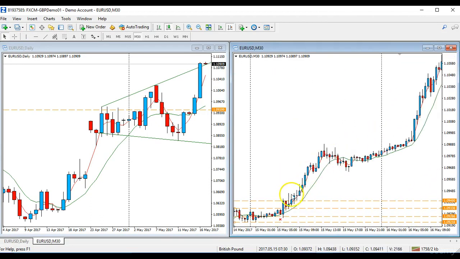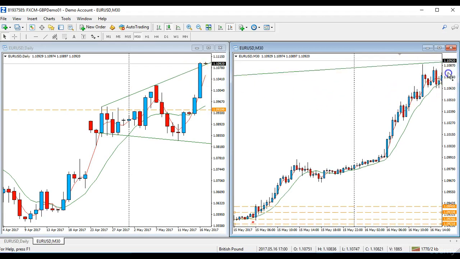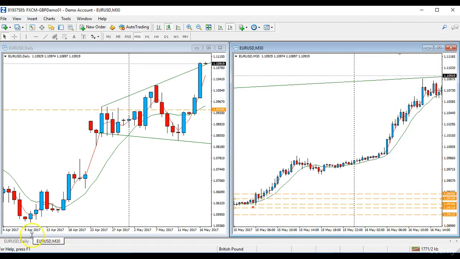Or what we can do is, when price moves away from us, we move our stop loss to break even. So we move our stop loss up to the entry, and then we wait for price to move towards this area here, and we take our profits then, which is what I would recommend.